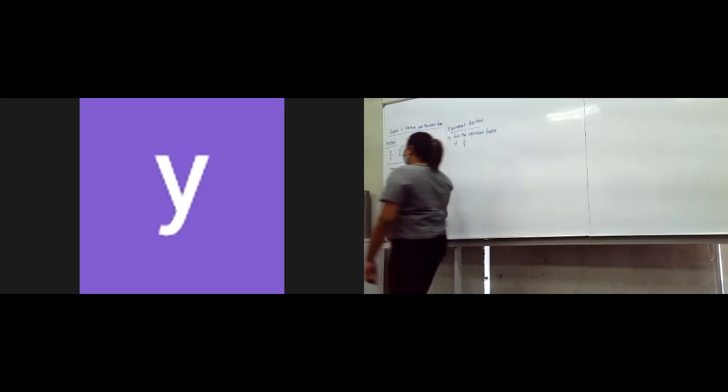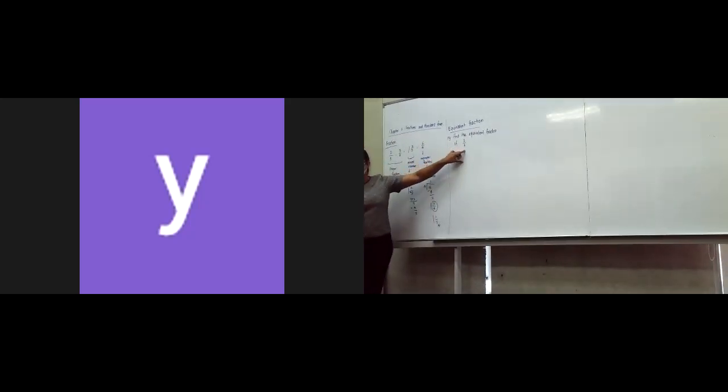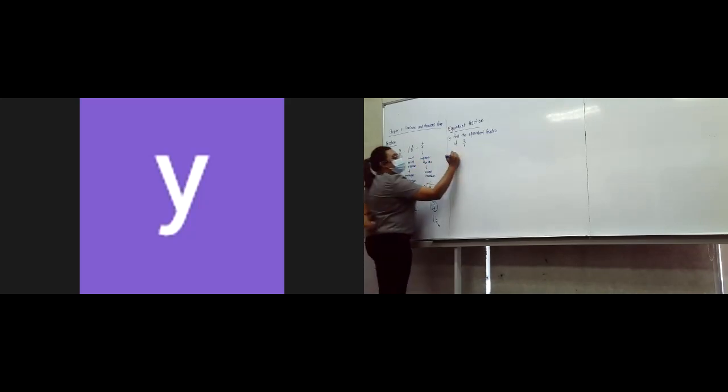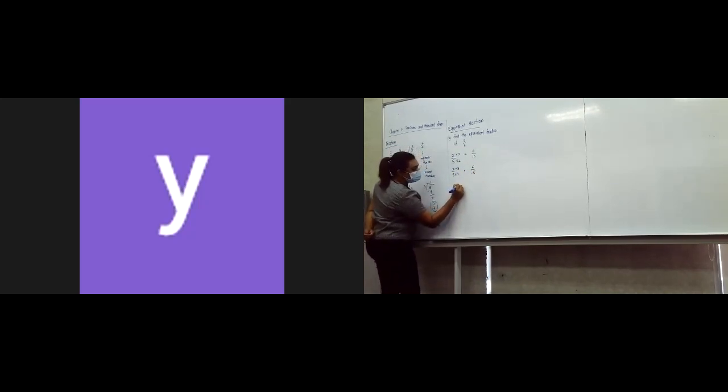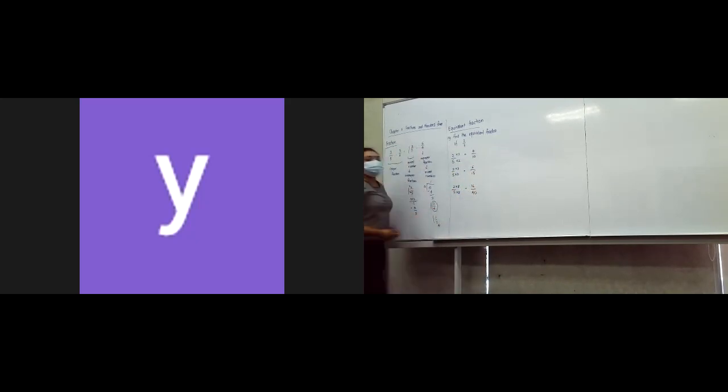You cannot simplify this anymore, so you have to multiply to get an answer. 2 over 5, times 2 times 2, the other equivalent fraction is 4 over 10. Then times 3 times 3, 6 over 15. Times 8 times 8. The only thing you have to know is when you multiply the numerator, you have to multiply the same number with the denominator.